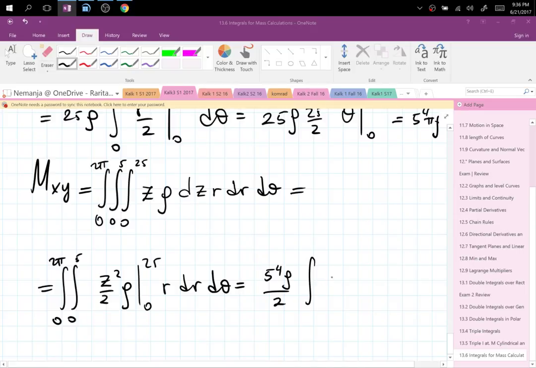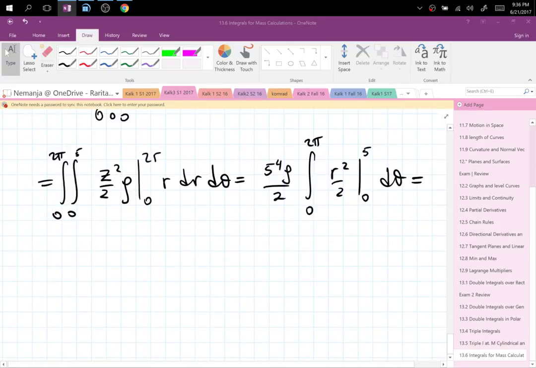And then we are integrating r now, so that's r squared over 2 from 0 to 5, d theta, which is equal to 5 to the 6th rho over 4. And then I have theta from 0 to 2 pi when I integrate, which is canceling this, so I have 5 to the 6th pi rho over 2.